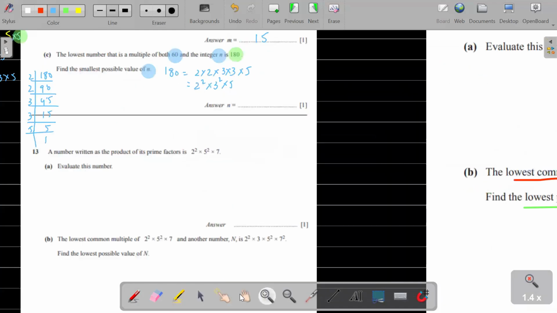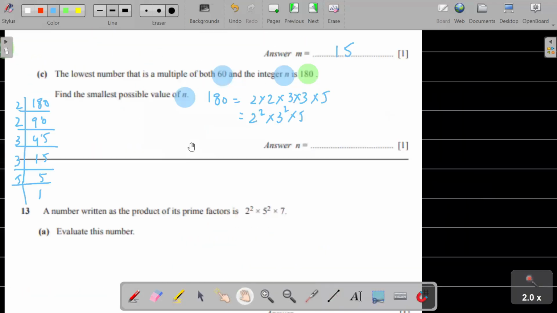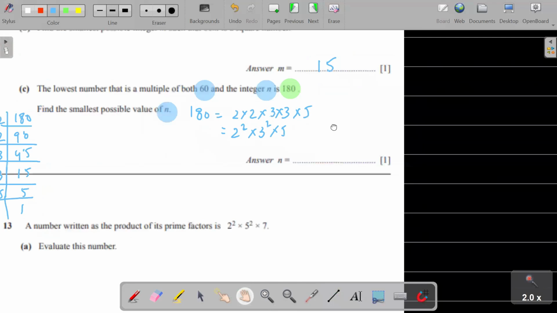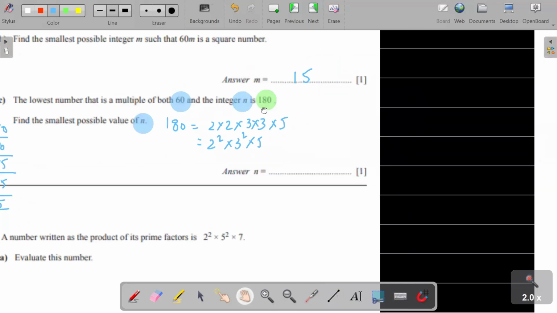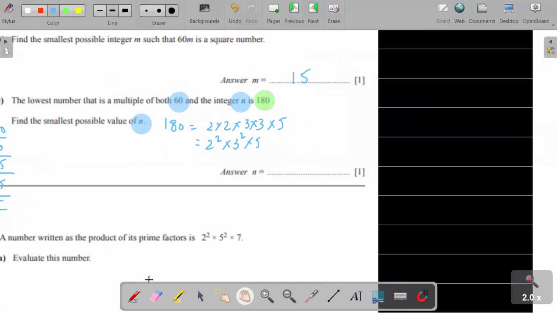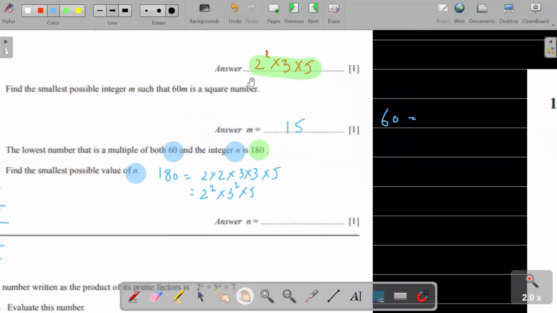Look, here it says that 60 and n are two numbers whose LCM is 180, and we have resolved 180 into its prime factors. I'm going to write the first number, 60, whose prime factors are 2 raised to power 2 times 3 times 5.